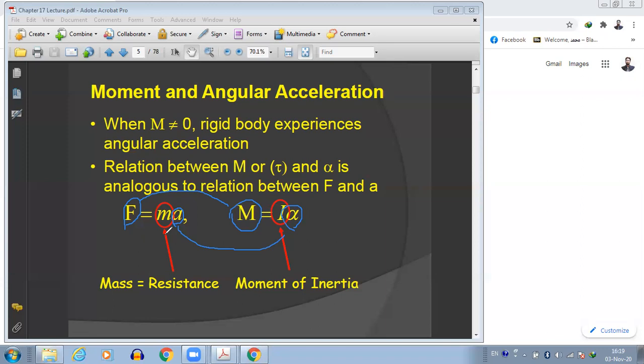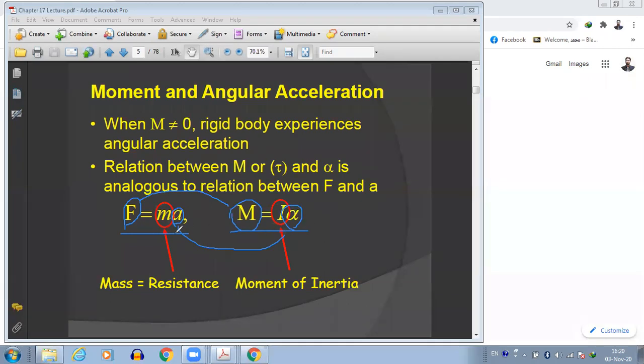Since mass is the resistance to the linear motion, we also need a resistance to the angular motion, and that is known as moment of inertia. So instead of F equals ma, we have moment equals I into alpha. This is the analogous relationship between the linear motion and the angular motion.